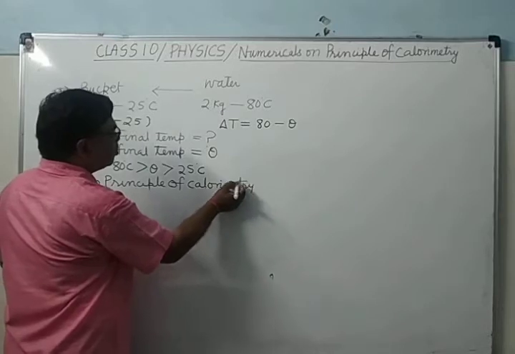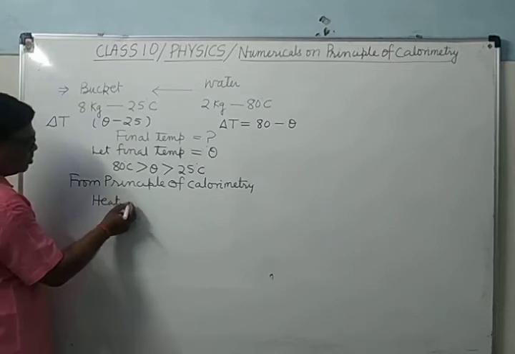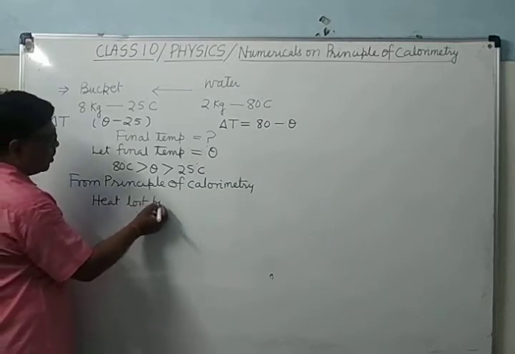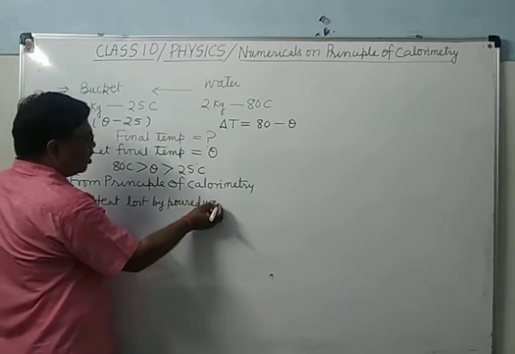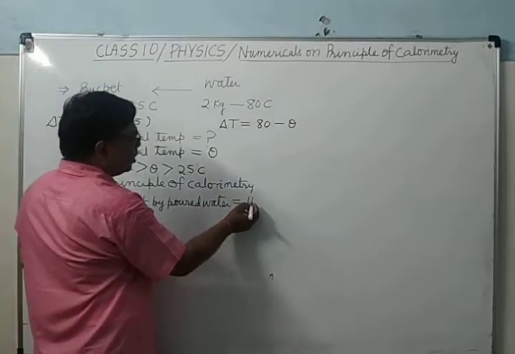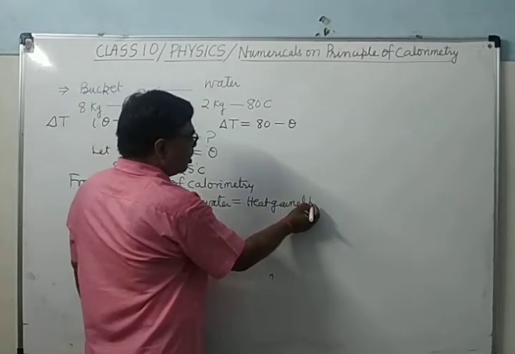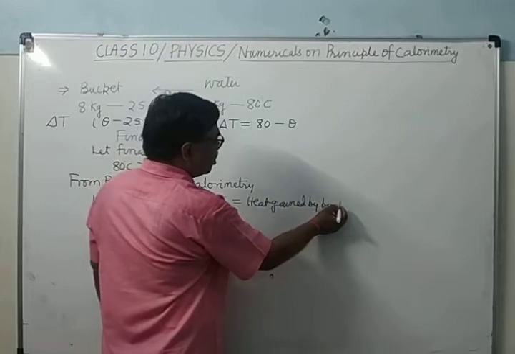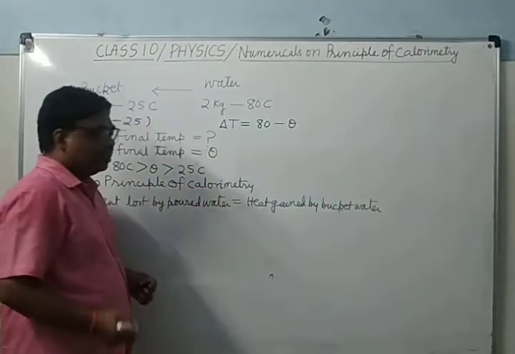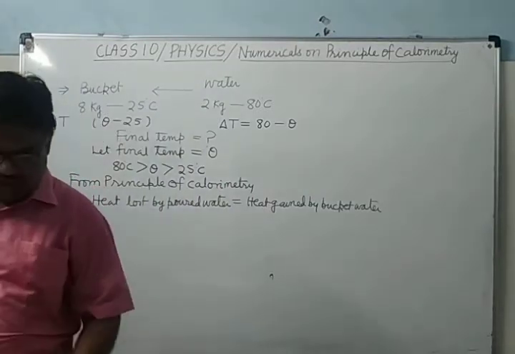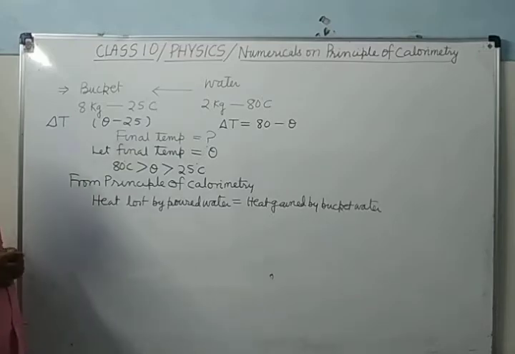So from the principle of calorimetry, heat lost by hot water equals heat gained by bucket water. Heat lost equals heat gained. Now what is the formula for heat lost or heat gained?